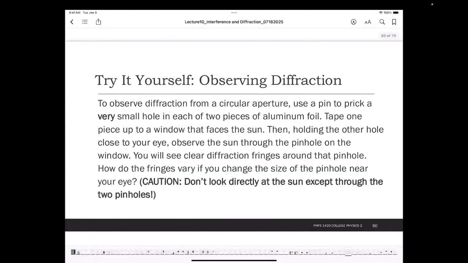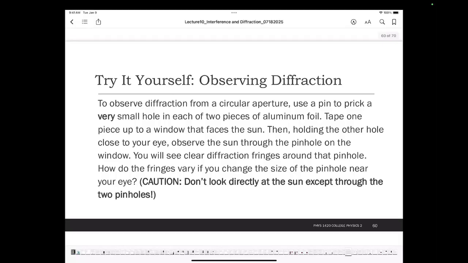Okay, you can try this yourself, observing the diffraction. To observe diffraction from a circular aperture, use a pin to prick a very small hole in each of two pieces of aluminum foil. Tape one piece up to a window that faces the sun, then holding the other hole close to your eye, observe the sun through the pinhole on the window.